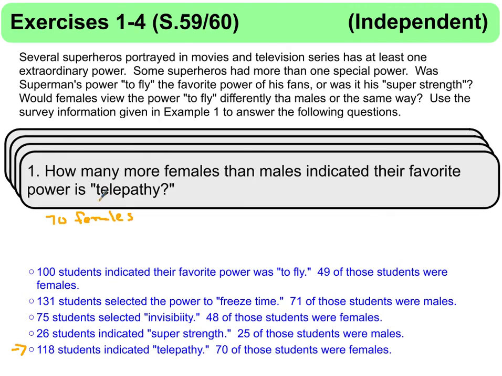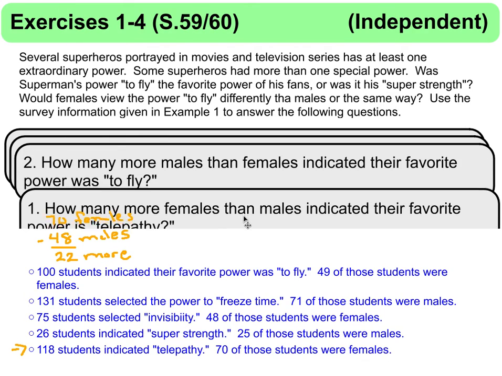So if we do 118 minus 70, then we know that there are 48 males that also voted for telepathy as their favorite superhero power. So the question was how many more females than males? So we'll subtract these two values, 70 minus 48, and we'll know that there were 22 more females that preferred telepathy compared to males.